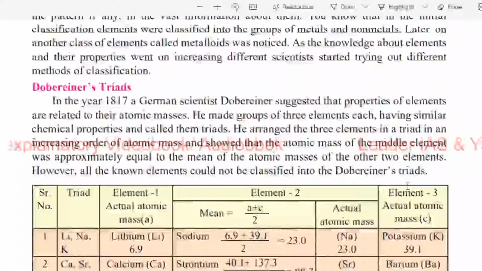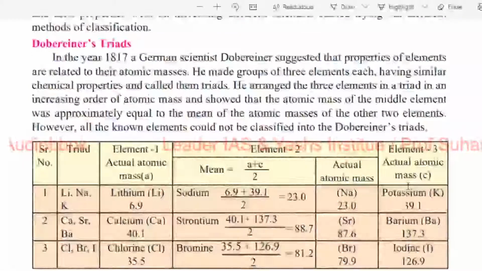He arranged the 3 elements in a triad in increasing order of atomic mass and showed that the atomic mass of the middle element was approximately equal to the mean of the atomic masses of the other 2 elements. However, all the known elements could not be classified into Dobereiner's triads.